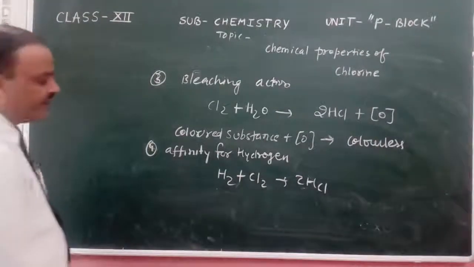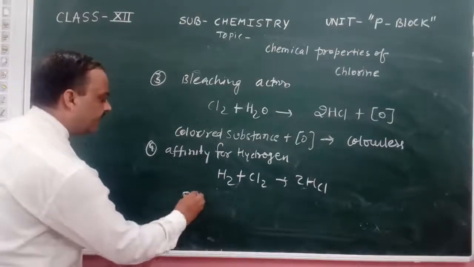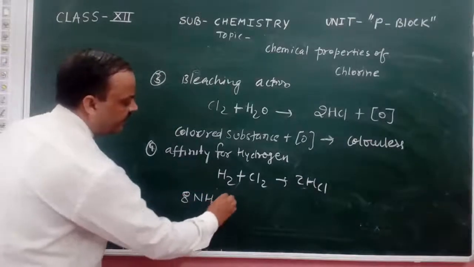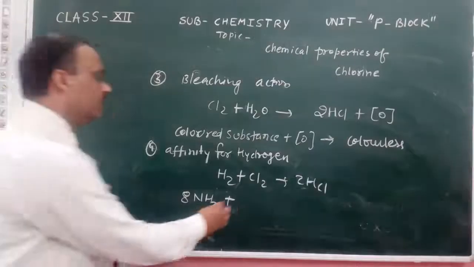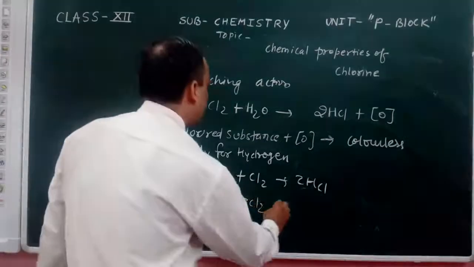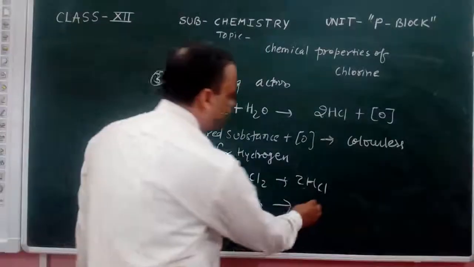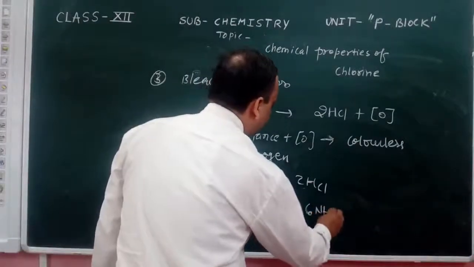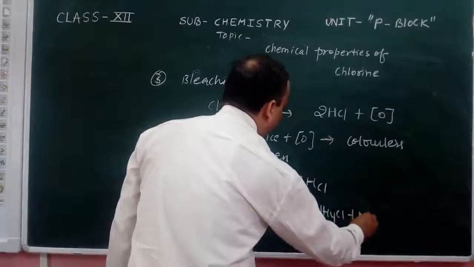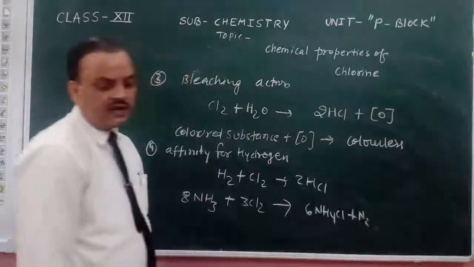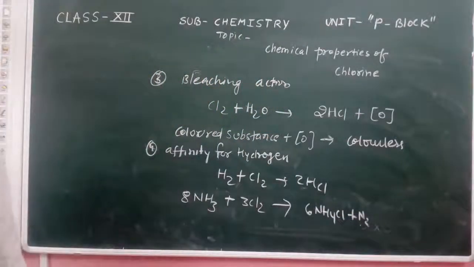Reaction with ammonia: 8NH3 plus 3Cl2. By this reaction we get ammonium chloride and nitrogen, 6NH4Cl and N2.